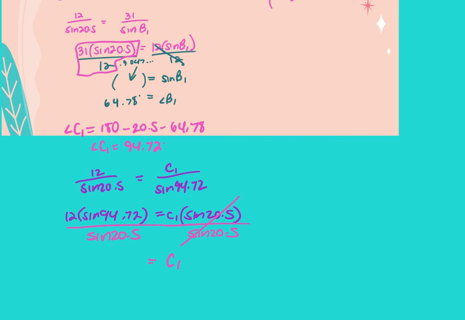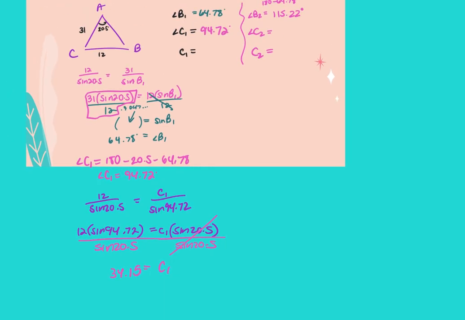So C1 is 34.15. So now I'm done with triangle 1.